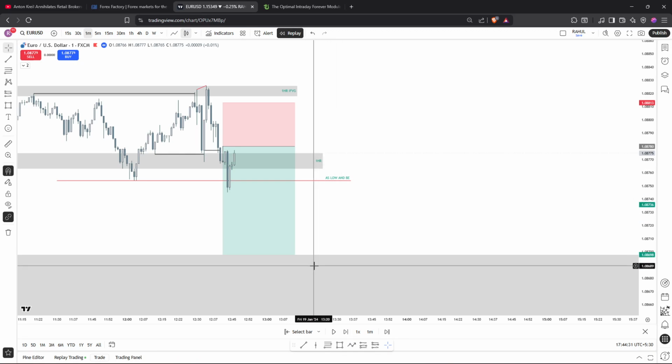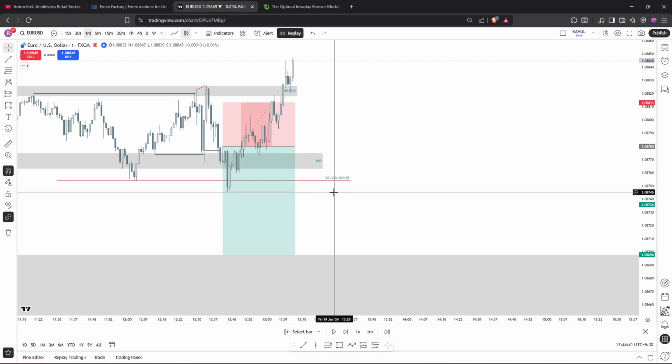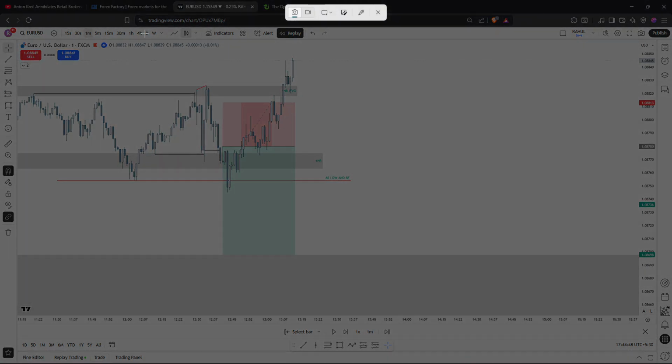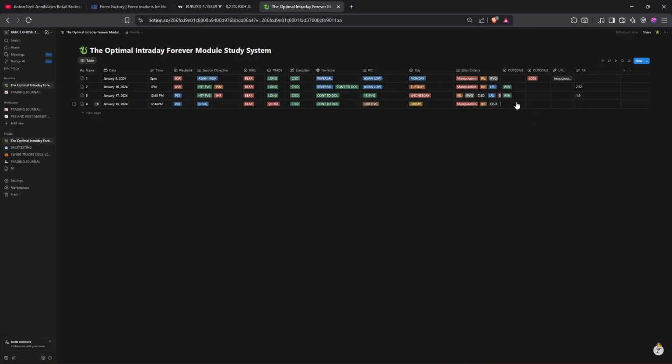Session hit break even. Second playbook started. Break even.